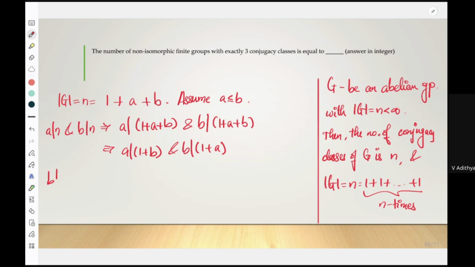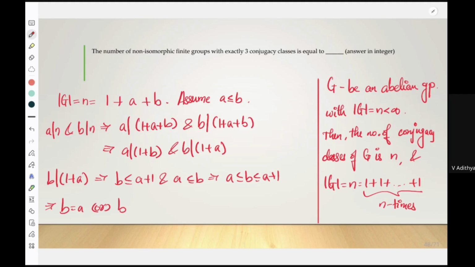Now b divides 1 plus a implies b has to be less than or equal to a plus 1, right? And you have a is less than or equal to b. This implies a is less than or equal to b is less than or equal to a plus 1. This implies b equals a or b equals a plus 1. These are the only 2 possibilities we have.